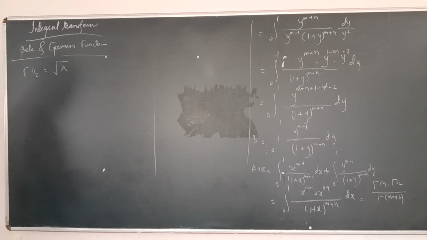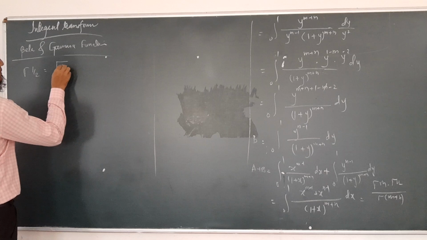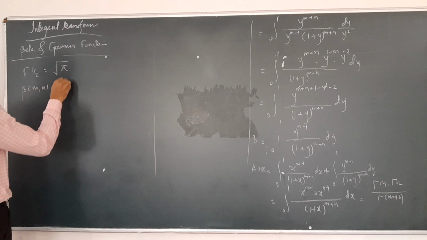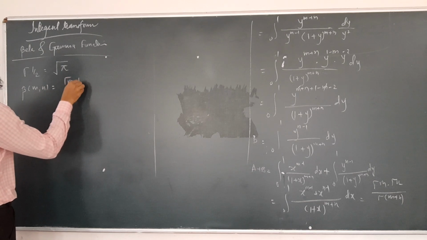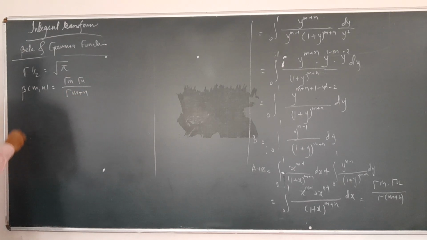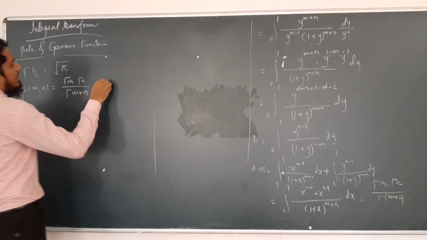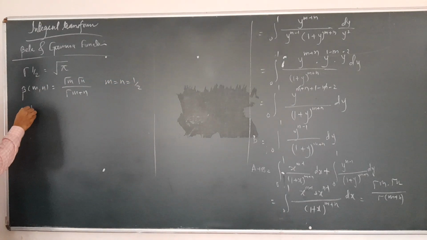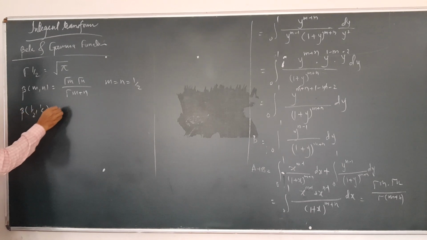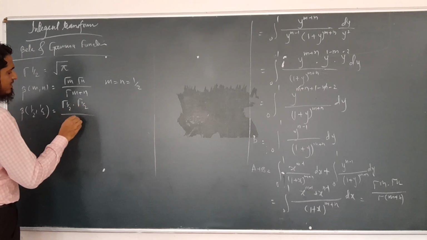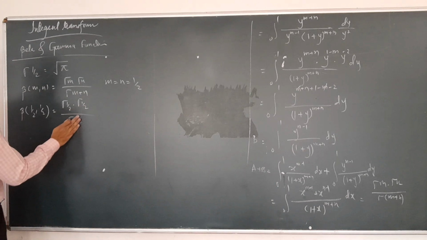Correct? To find this, we are going to use the relation beta m, n, which is equal to gamma of m into gamma of n, over gamma of m plus n. If we take m equal to n equal to half, we will get beta of half, half is equal to gamma half into gamma half, over gamma of 1 half plus half.